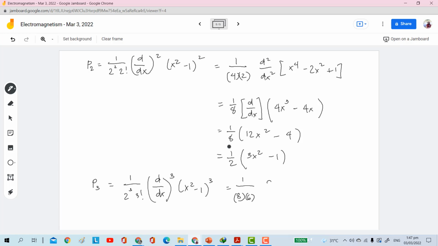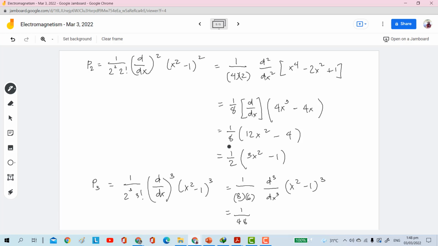And then you have the third derivative of x squared minus 1 cubed. So we will derive it first. 1 over 8 times 6 is 48, right?